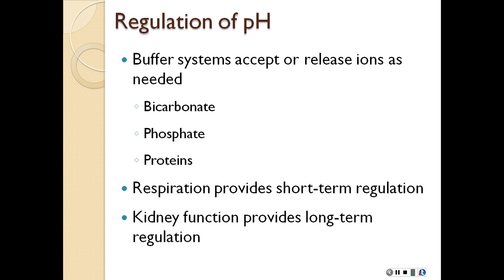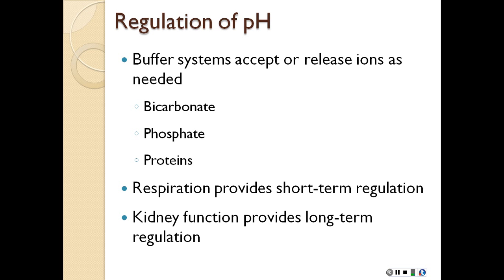Regulation of pH, buffer systems accept or release ions as needed. So what really is going on when we're talking about pH of blood is the amount of hydrogen ions, concentration of hydrogen ions dissolved in the blood. Now, what the buffers do is if there happens to be too many hydrogen ions in the blood, the hydrogen ions can attach to a buffer, and that pulls it out of solution.